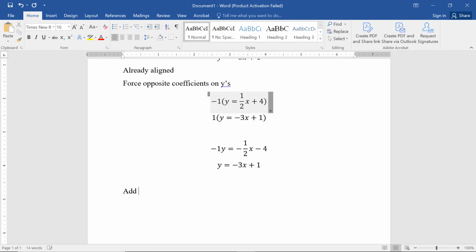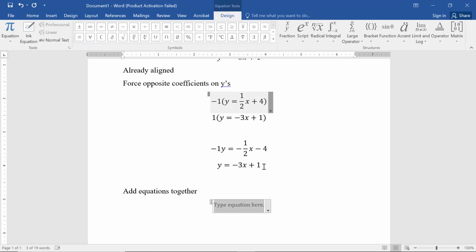So now we have opposite coefficients. We add the equations together. That will give you 0 is equal to -1/2 plus a -3 is -3.5, or I'm going to write it as -7/2 because that's an improper fraction, and improper fractions tend to be easier to deal with.